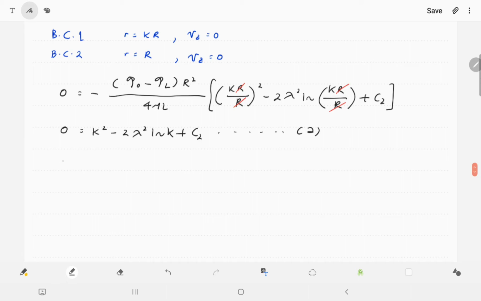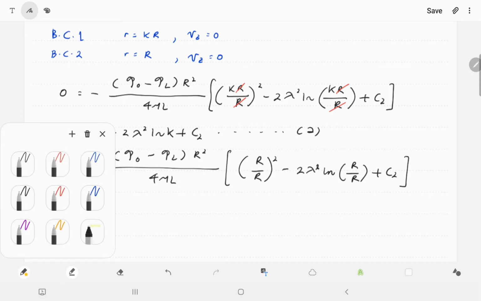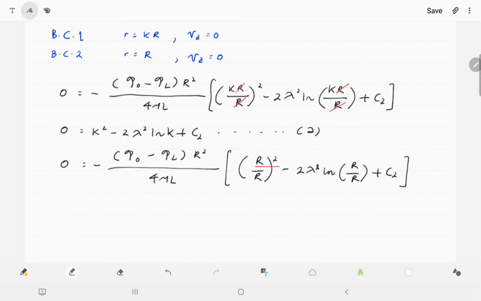Okay, we put in boundary condition 2 as well. Two lambda square ln r per R plus C2. Then this one can be crossed out; this will become 1, this will become 1.